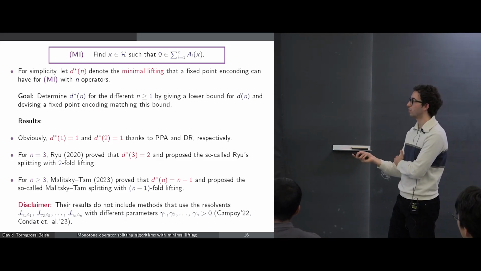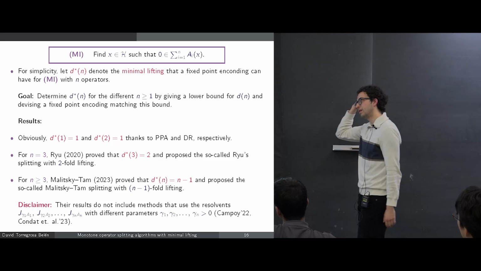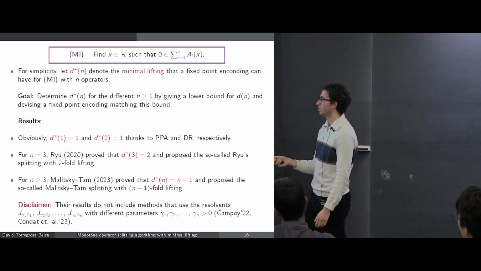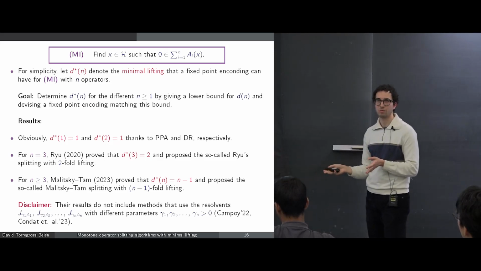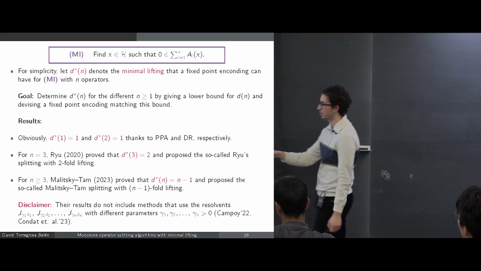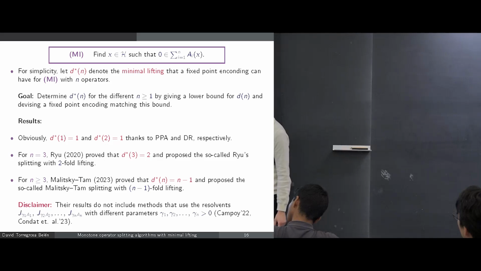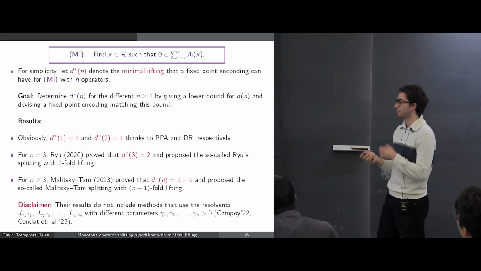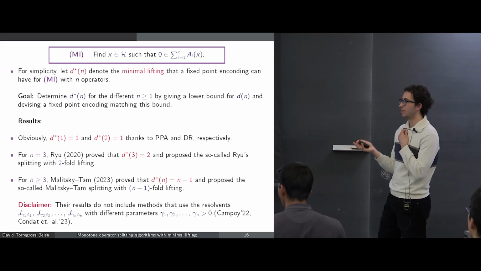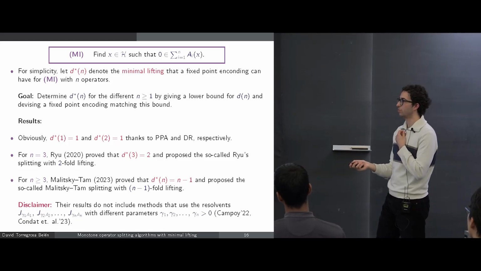Okay, but there is one disclaimer here, which is that in the result, they did not allow the use of step size parameters in the resolvents. The step size parameters are these parameters, gamma, that I included before. It's convenient to include these parameters when you consider splitting algorithms.